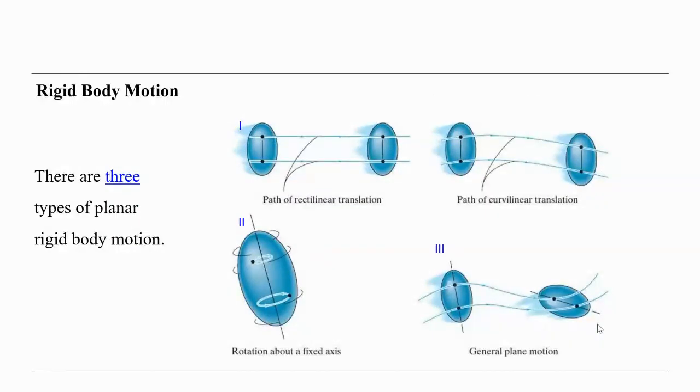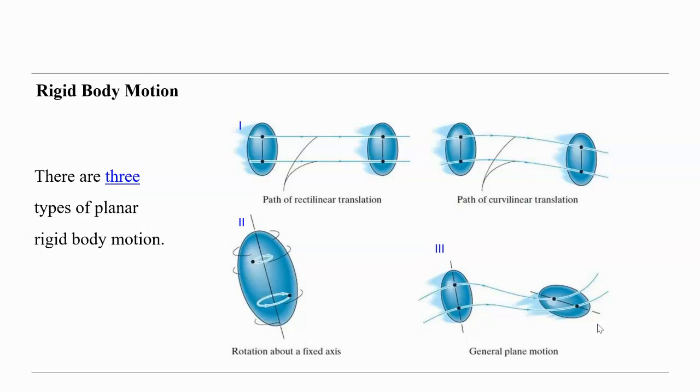So let's talk about the velocity. Generally, rigid body motion consists of linear motion and rotary motion. You may remember from dynamics, there are 3 types of planar rigid body motion. Planar: we are talking about planar motion, not general motion.